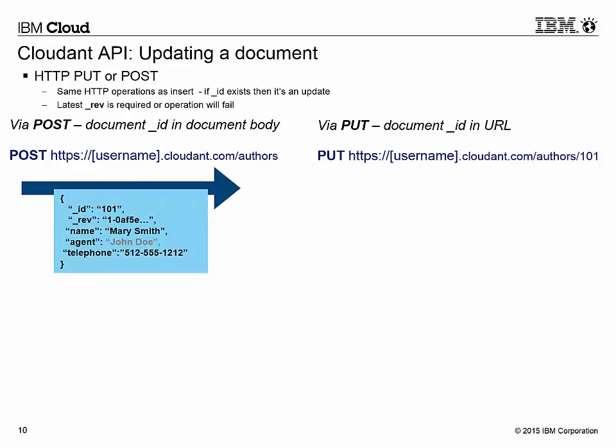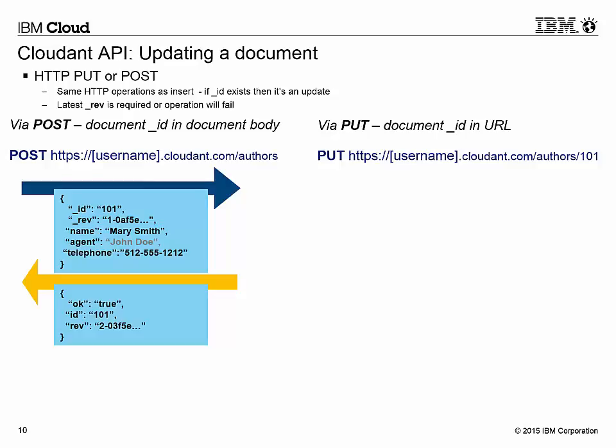And as you can see here, it's very similar to the create, except now I need to have my latest revision field or this operation will fail. And I get back a response, and as we note here, you can see that the revision number has been incremented to 2 because now I've updated the document again.